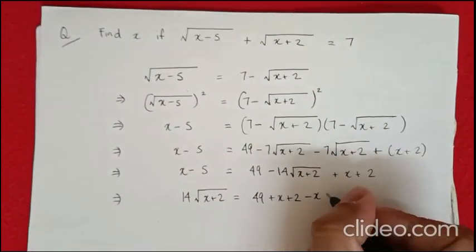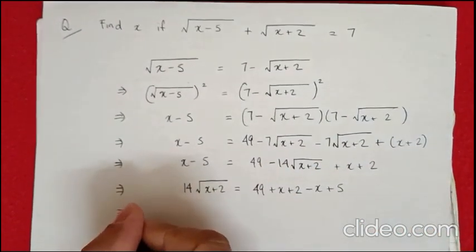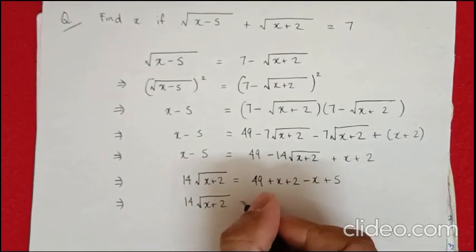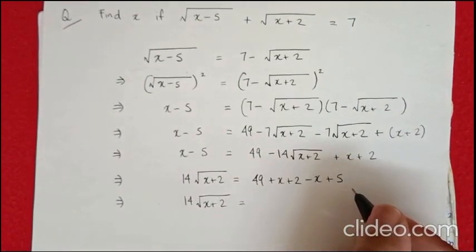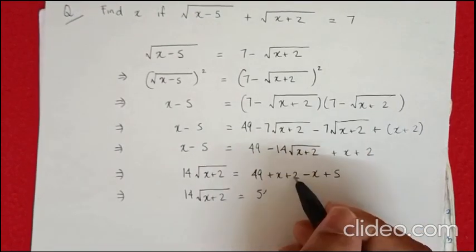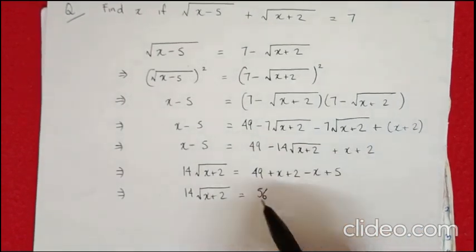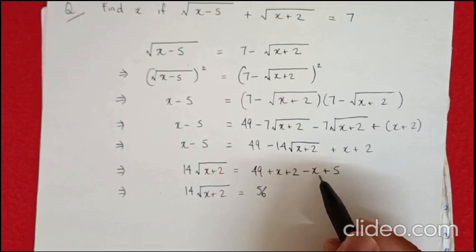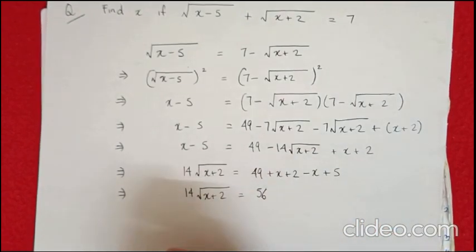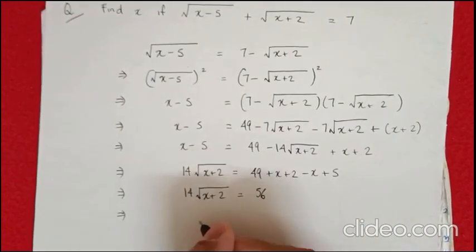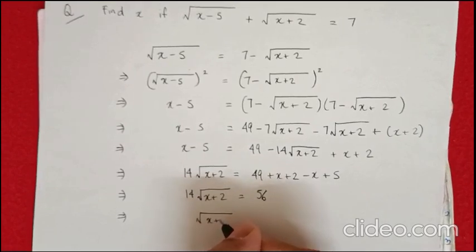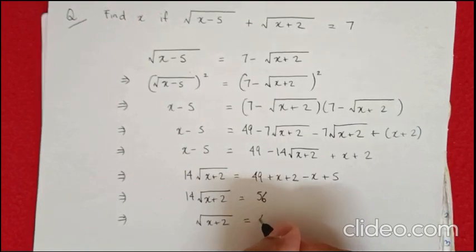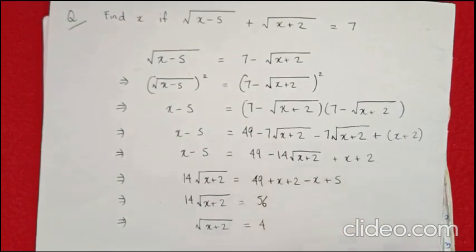Minus 5 on this side becomes plus 5. So this implies 14 into square root of x plus 2 is equal to 49 plus 5, that is 54, plus 2, that is 56, I'm sorry, 56. And x minus x gets cancelled, which implies square root of x plus 2 is equal to 56 divided by 14, which is 4.